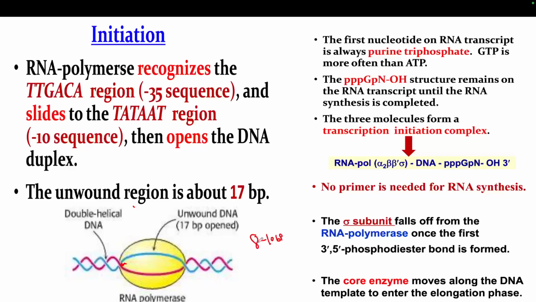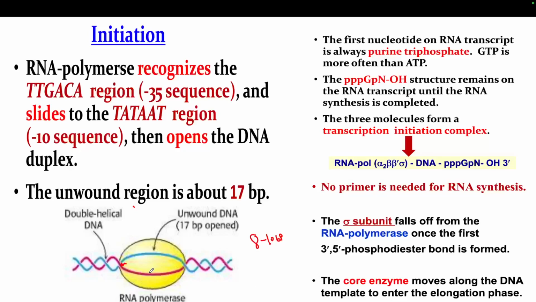Once this 8 to 10 base pair RNA is synthesized, only then will the sigma factor be removed from this open conformation, and then the RNA polymerase can continue the RNA synthesis from here. Until then, the sigma factor also provides the strength to not terminate the RNA synthesis before that.